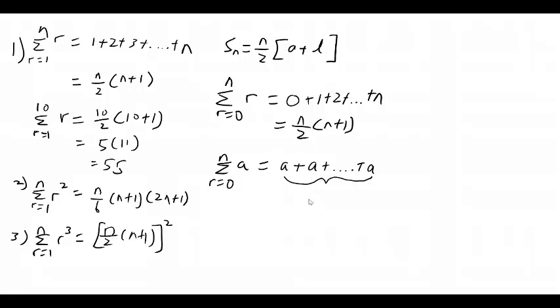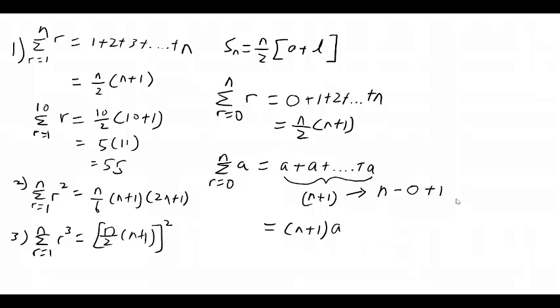You'll get a total of n plus 1. Once again, how do I get n plus 1? You take the last term, minus away the first term, then you plus 1. So you get a total of n plus 1 terms, and so the answer will be n plus 1 times a.